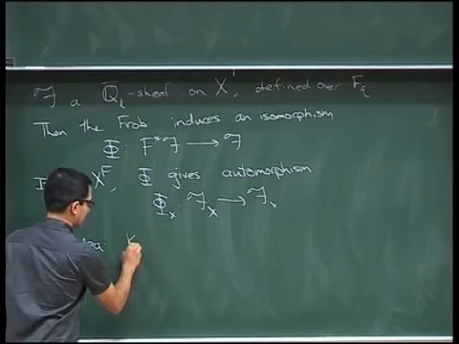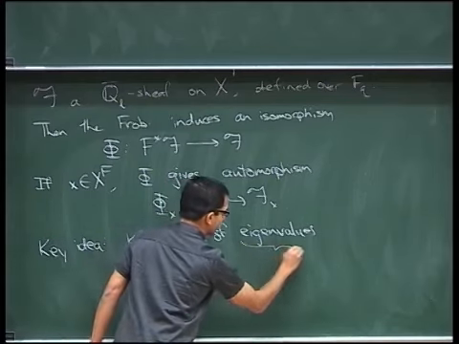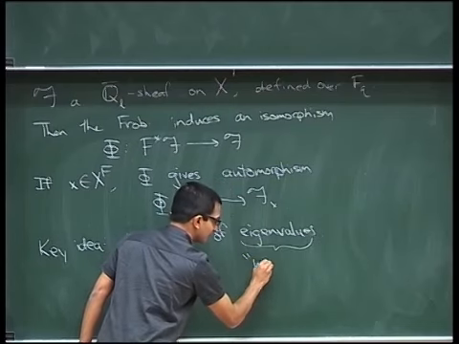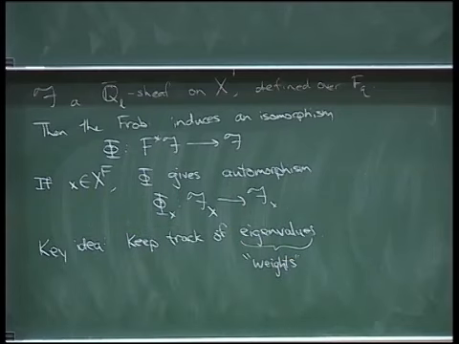These are just some finite dimensional QL bar vector spaces, which are kind of like complex vector spaces. So, keep track of eigenvalues. And these eigenvalues roughly correspond to the word weights. I'm going to be a little more precise in defining the word weights.